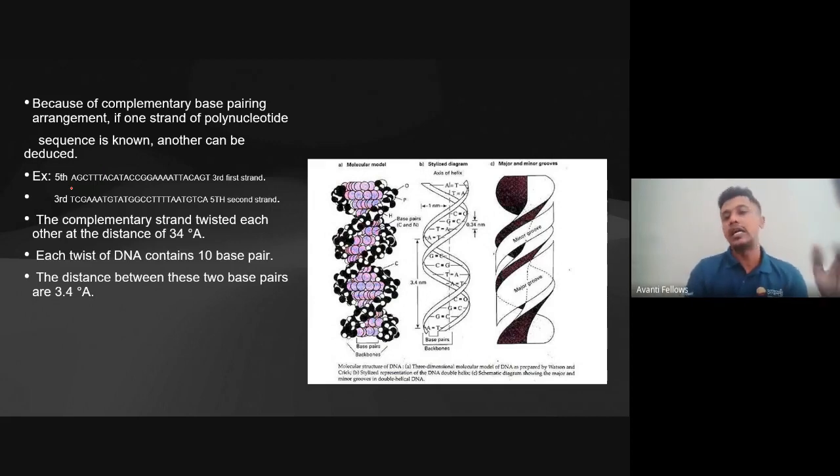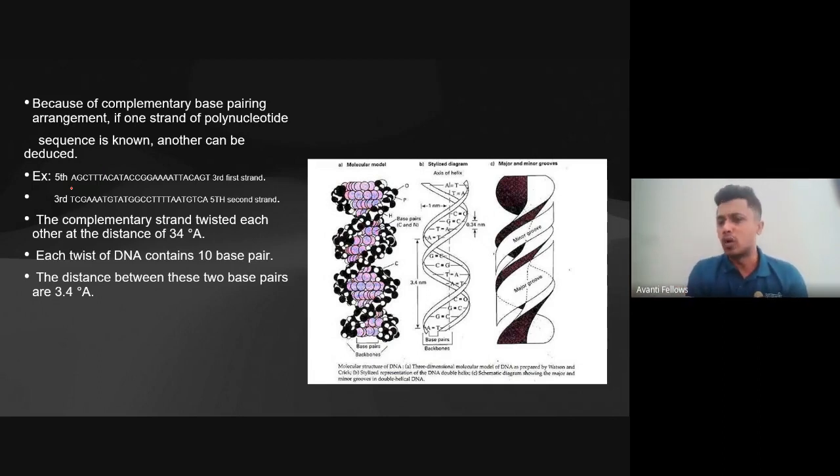So if we take 10 base pairs per turn as a reference, then each base pair is around 3.4 angstroms apart, stacked upon each other. If you convert that into nanometers, it is around 0.34 nanometers of distance between two base pairs in our DNA.